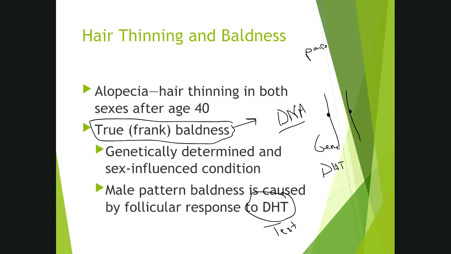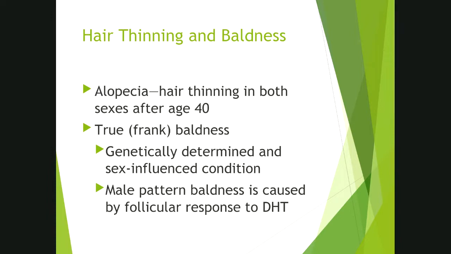So essentially, this is mostly a male hormone. If you are a male, you already have DHT. And so if you have this hormone and you have the gene, they're going to interact and you're going to go bald.